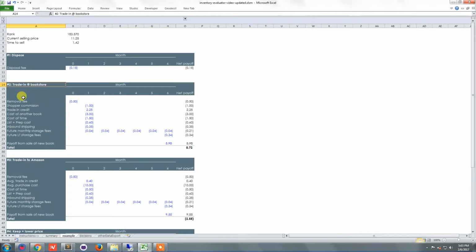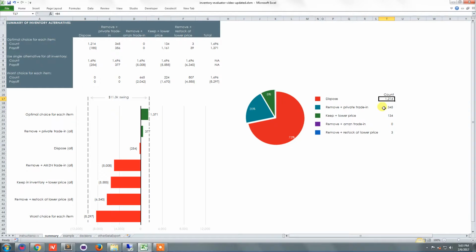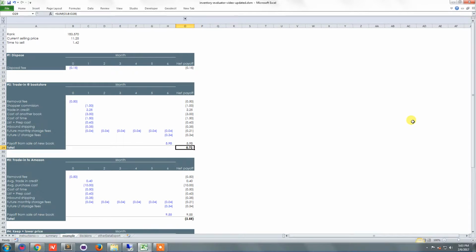So over here in our trade-in alternative, same thing. There's a lot more going on here. There's a lot more moving pieces and different cash flows, but it nets out to positive 72 cents. So again, for these 345 items it's telling us to remove, it's saying the best option is the trade-in, which gets you 72 cents.